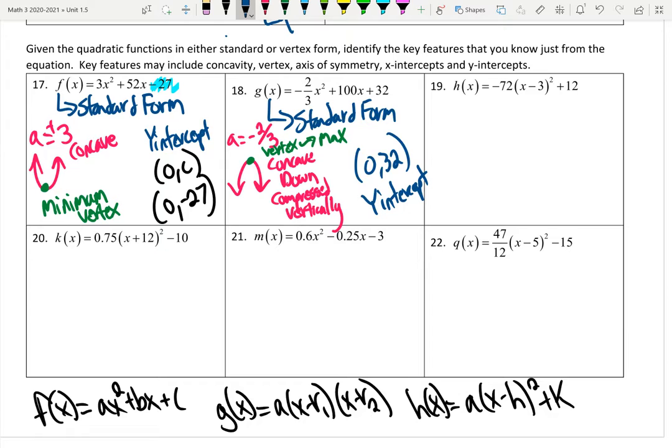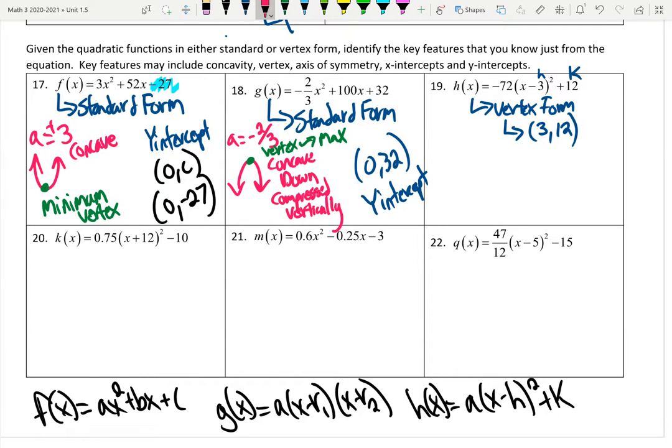Number 19. We're looking. This is totally going to be in vertex form. And I know that since it's in vertex form, the vertex is always going to be 3, 12. Notice how it's x minus h. It is a positive 3. The h value is right here. The k value is here.